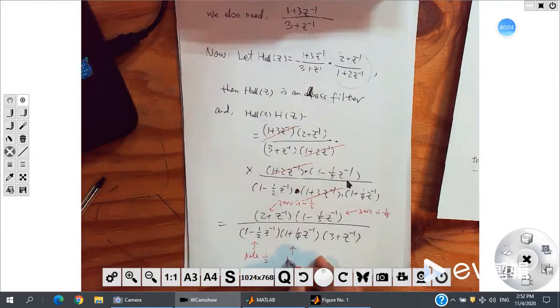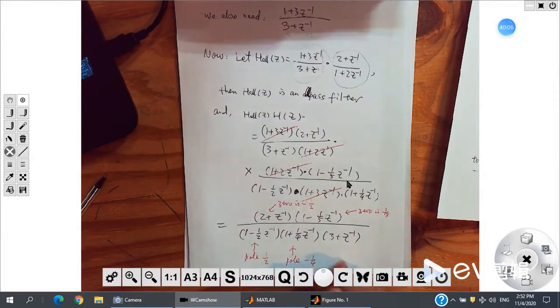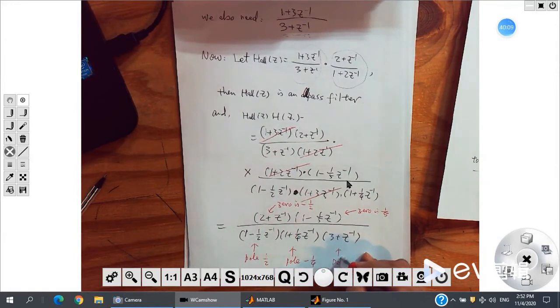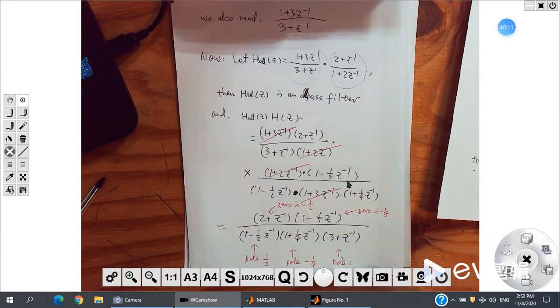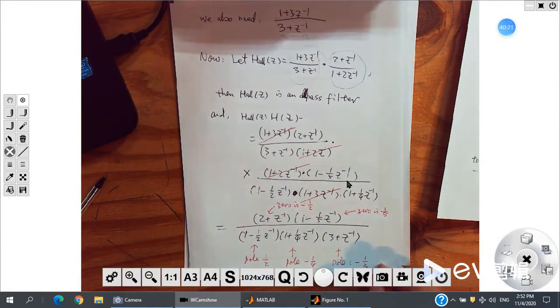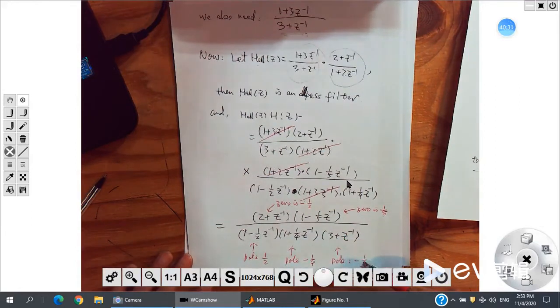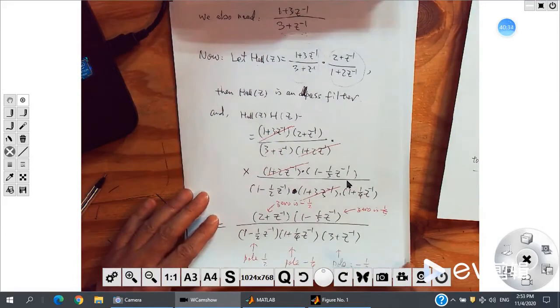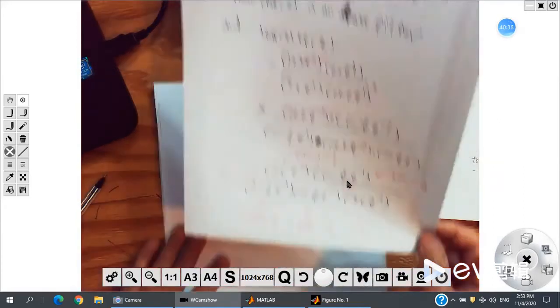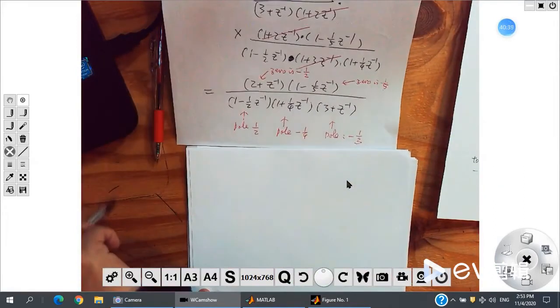This one gives a pole at -1/4. And this one, I divide by 3 on both sides, so the pole is -1/3. Now you can see all these zeros and poles are inside the unit circle. The values are smaller than 1. And we can have a map.